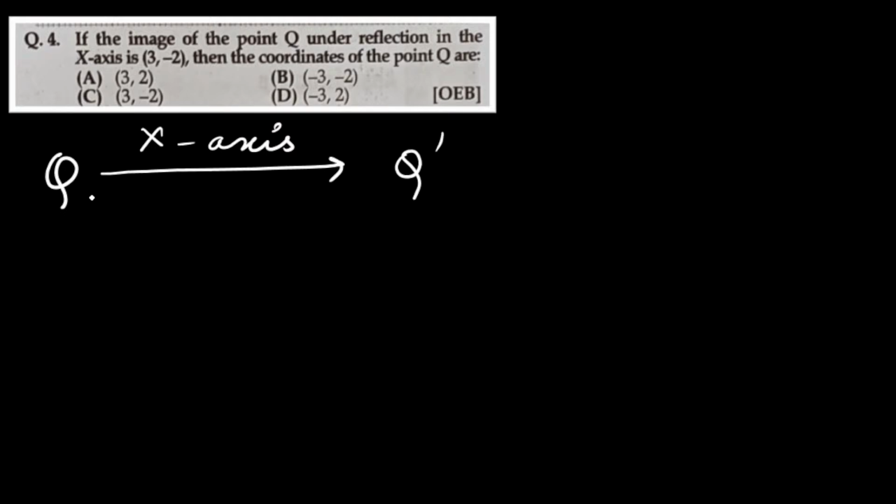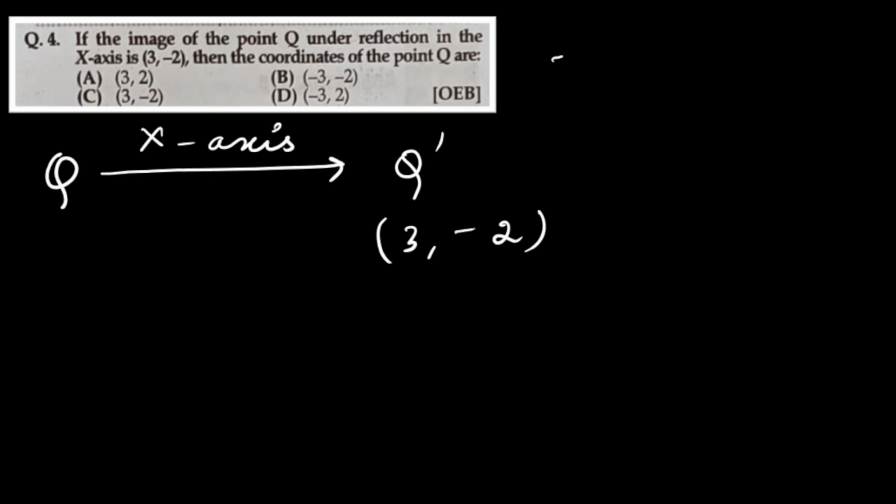So Q is one point, Q dash is the image. If the image of the point Q under reflection in the x-axis is (3, -2), so image coordinates are given to us, then the coordinates of point Q are, we have to write the coordinates of the point.